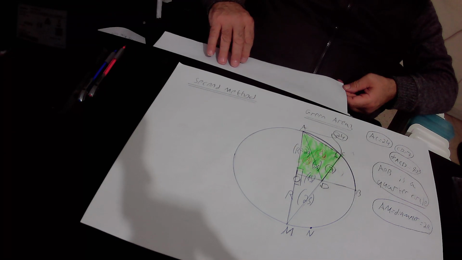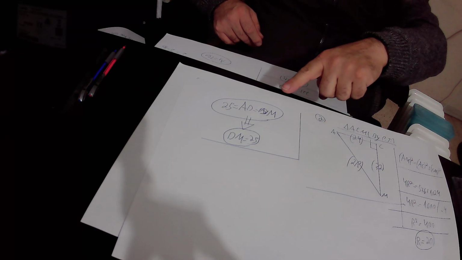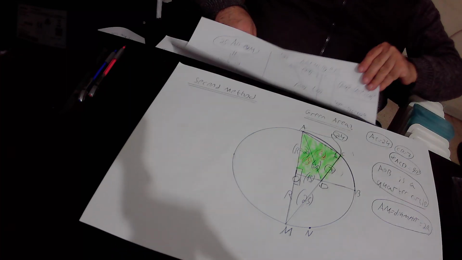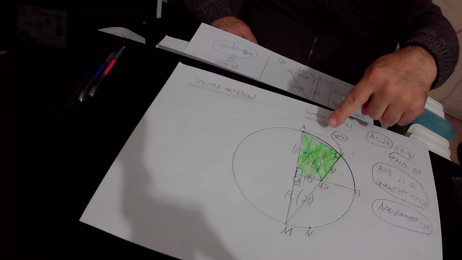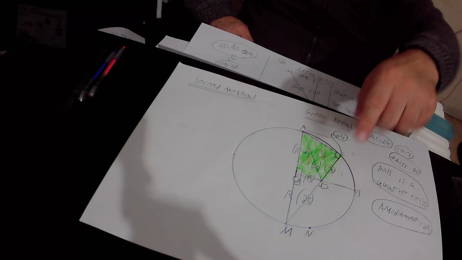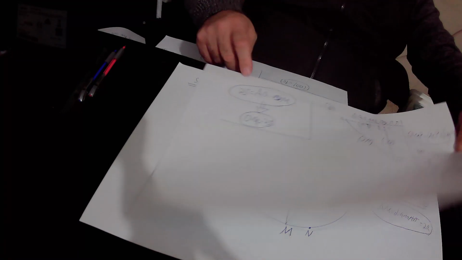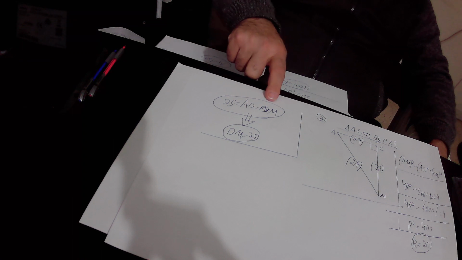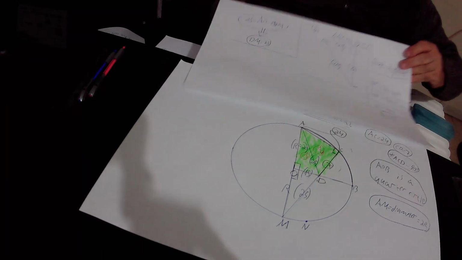Side AD equals side DM according to the rule that corresponding sides in congruent triangles are equal to each other. But AD equals 25. So we can write here that 25 equals AD equals DM, and from this equation we derive that DM also equals 25 units in its length.